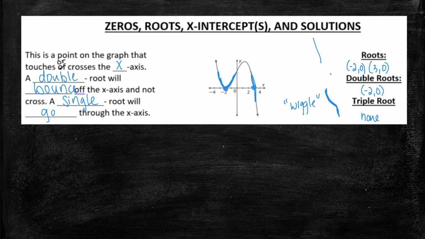And then a double root will bounce off. And it kind of makes sense because this one looks like a line. It's a linear term, which means it just has an exponent of 1. This kind of looks like a quadratic, which it is a quadratic, and so it has an exponent of 2. And this looks a lot like a cubic root, which has an exponent of 3.